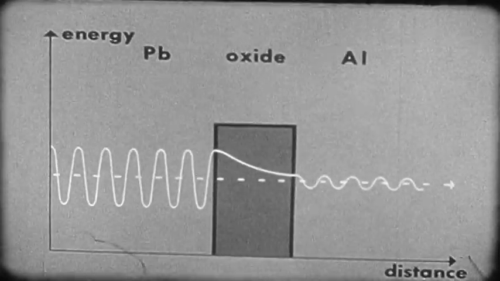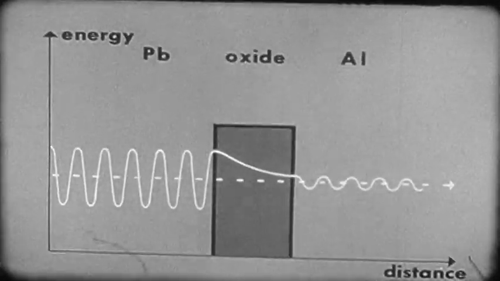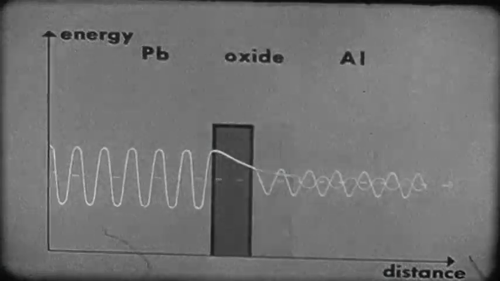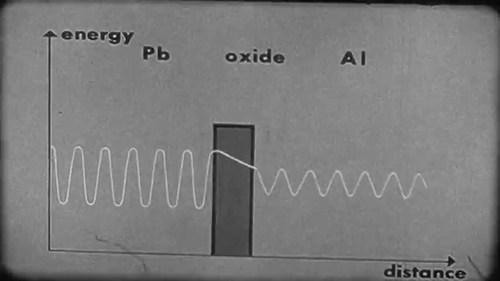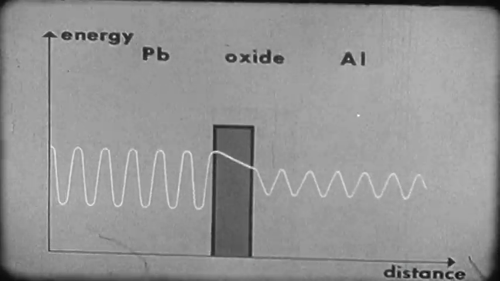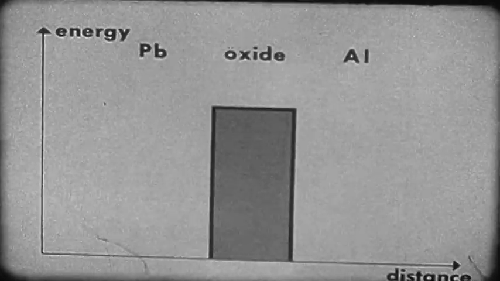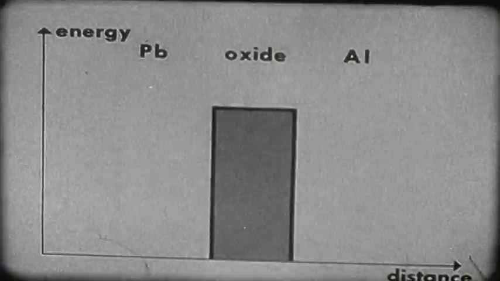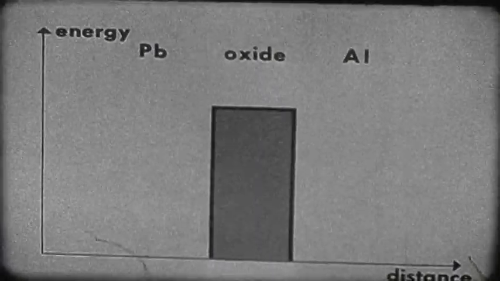The low amplitude signifies that only a fraction of the electrons can tunnel through. The thinner the barrier, the more will tunnel. Keep in mind that in our junction, the oxide layer is very thin. Now, as we've told you before, there are electrons in each of the two metallic layers which are free to move around.